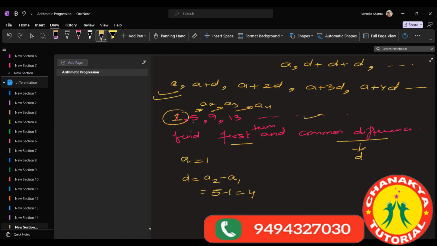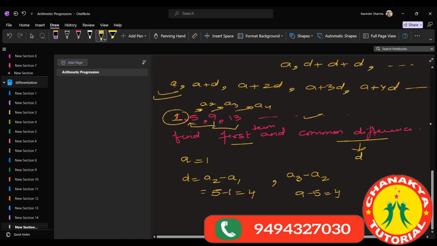Now this series is already given as an AP, so no need to check further common differences. Okay. But you can check also. See, if you subtract the second term from the third term, 9 minus 5 is 4.